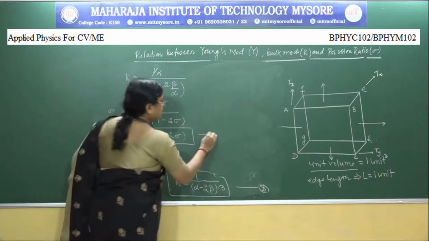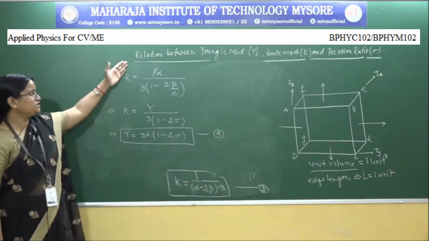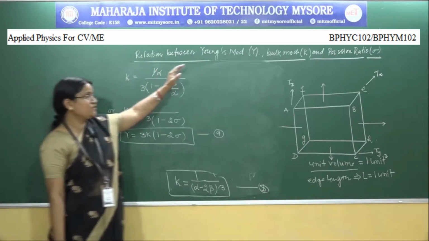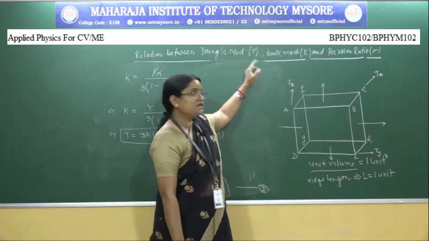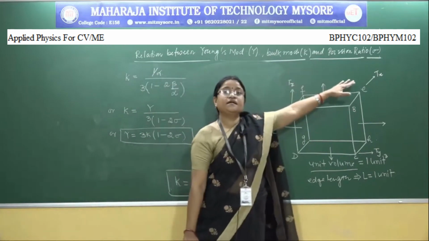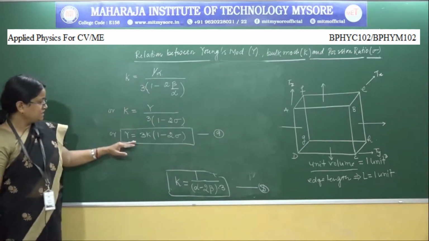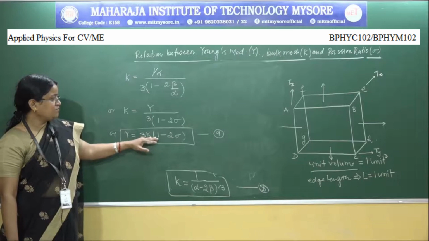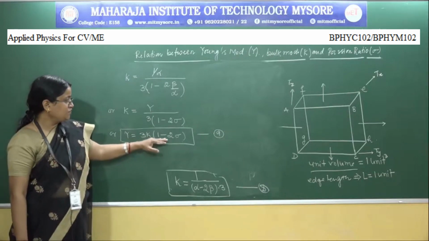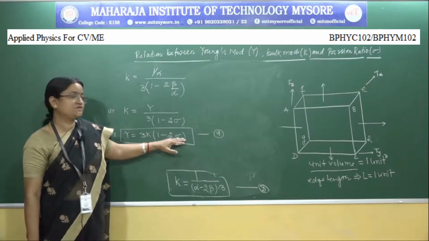So finally, we arrive at our question, which is what we are trying to do. We are trying to establish a relation between Young's modulus, bulk modulus and the Poisson ratio. So what we get, Young's modulus is equal to 3 multiplied by bulk modulus into (1 minus 2 multiplied by the Poisson ratio).